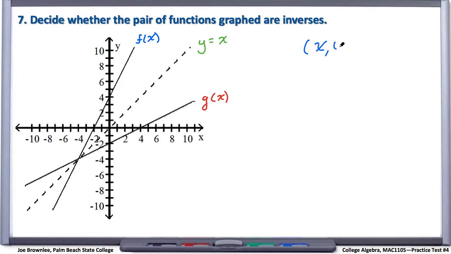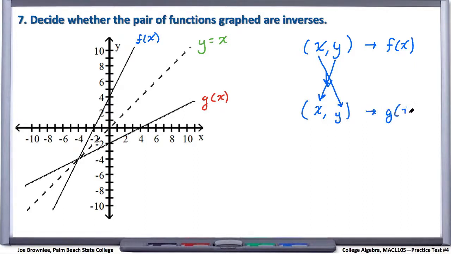Remember, if we have a point (x, y) on the f of x graph, then we're looking for these 2 points to swap, meaning whatever y is, we want that to become our new x, and whatever was originally the x to become the new y. And if that point is on the g of x function, then we can start to see a pattern. If we do this for 2 or 3 points, we can usually say with a high degree of confidence that f and g are inverses.